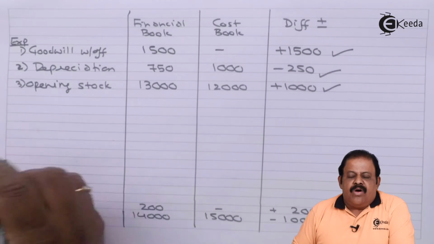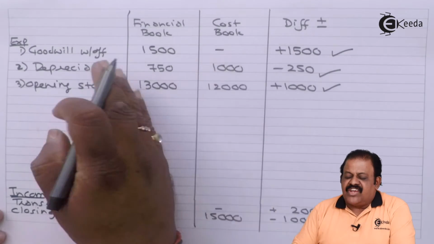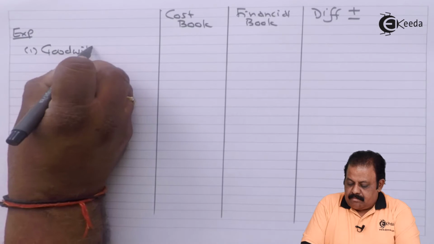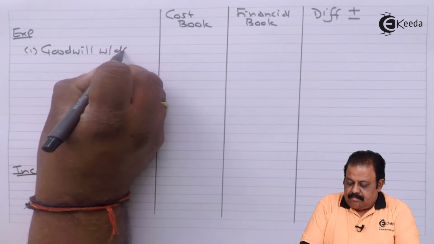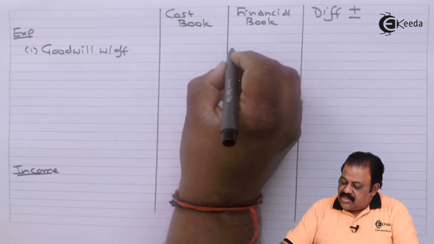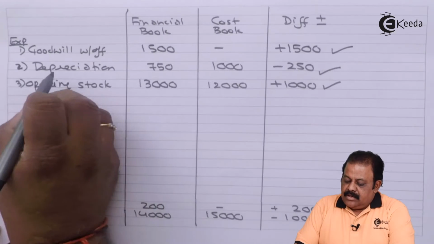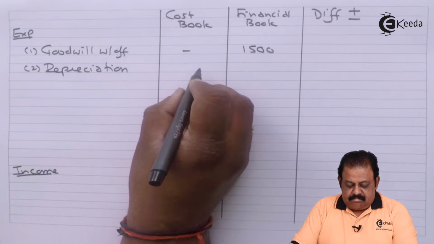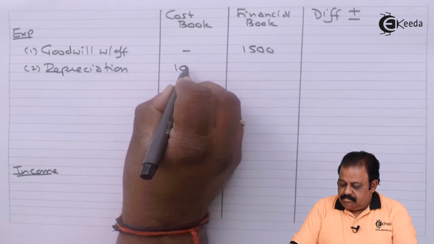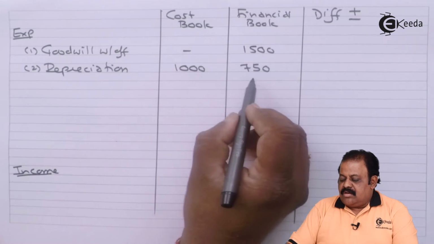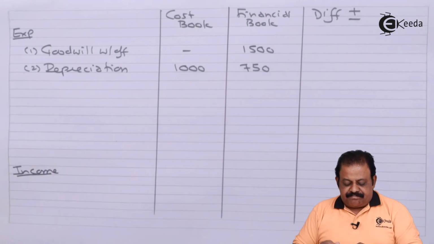We have the working note sheet, only there will be a change in columns. Goodwill written off in financial column 1,500. Depreciation cost book 1,000, financial book 750.